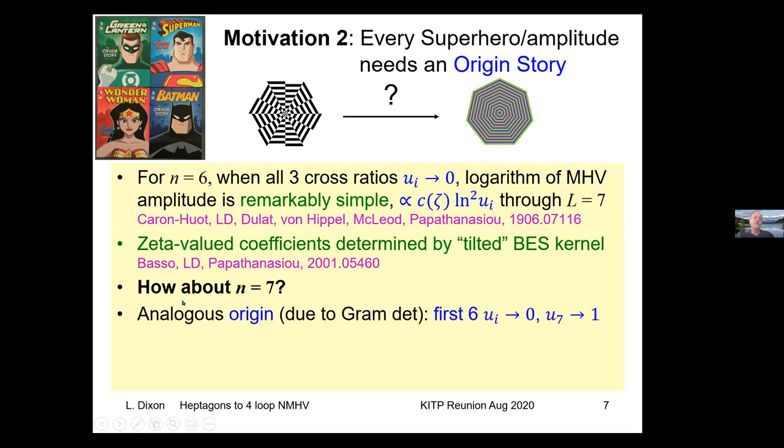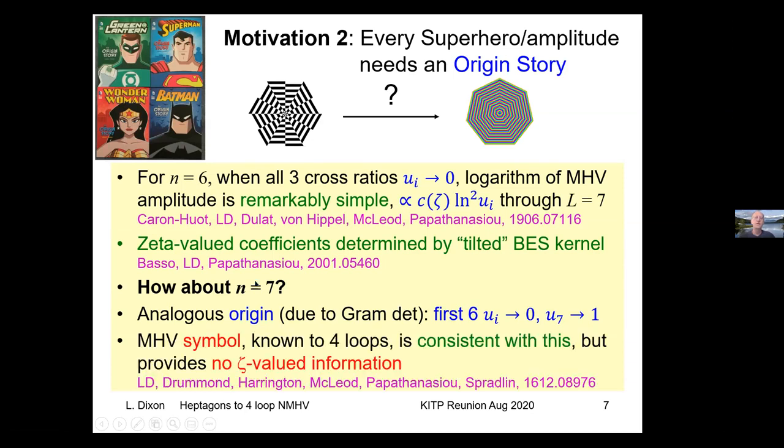Now the question is, is that a one-off thing for the hexagon, or does it also appear in other amplitudes? And the first thing to do is to collect some perturbative data. And in this case, we understand where the most likely analogous origin is. You're not allowed, due to a Gram determinant constraint, to send all of the cross ratios to 0, but you can send 6 of them to 0, and then the last one goes to 1.